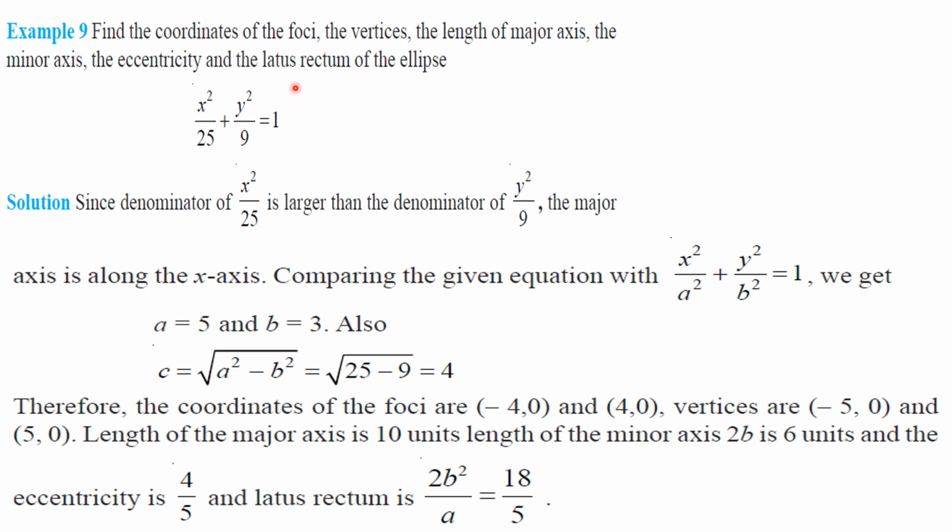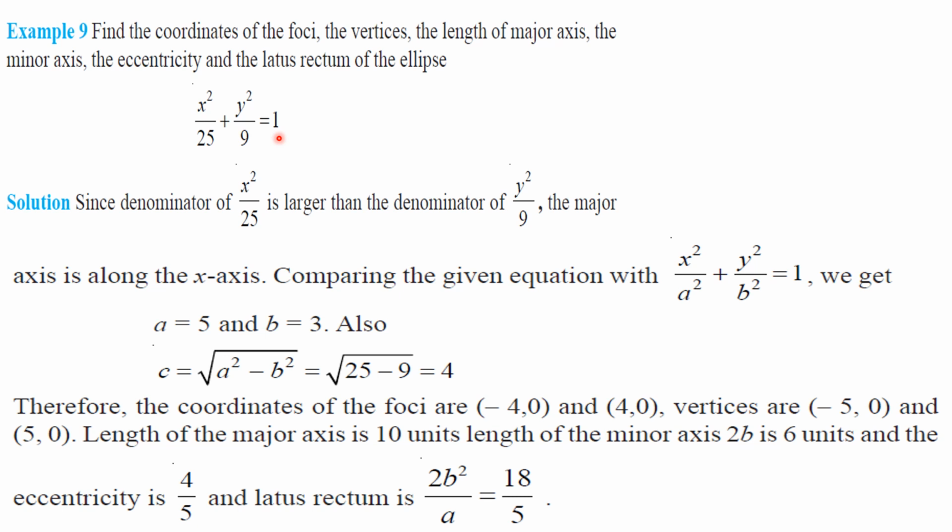Here, the equation of an ellipse was given. With the help of this equation, we have to find the coordinates of the foci, the vertices, the length of the major axis, the length of the minor axis, the eccentricity, and the length of the latus rectum of the ellipse. Understood this question?